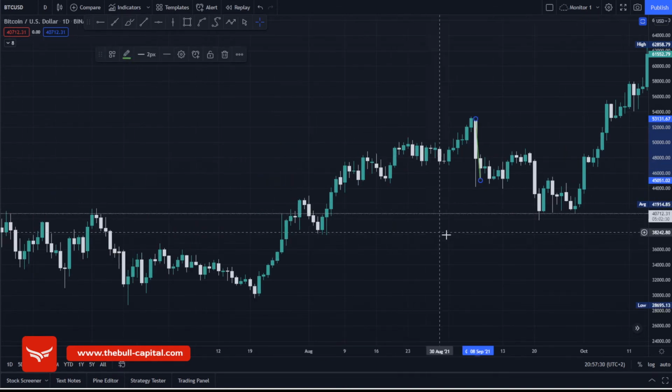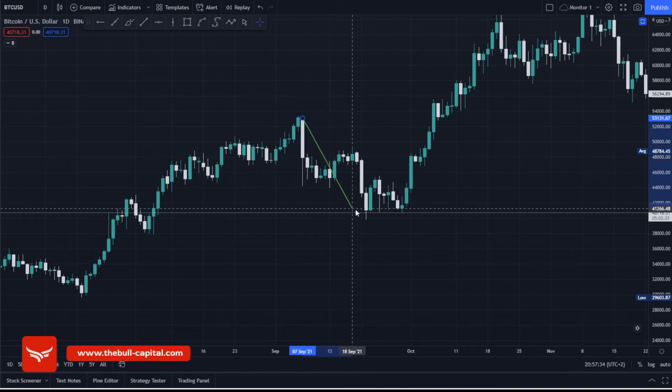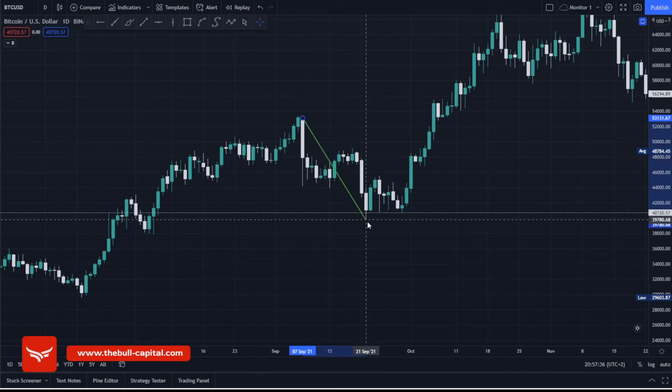You can actually do bigger swings. So this is actually where the price has stopped.